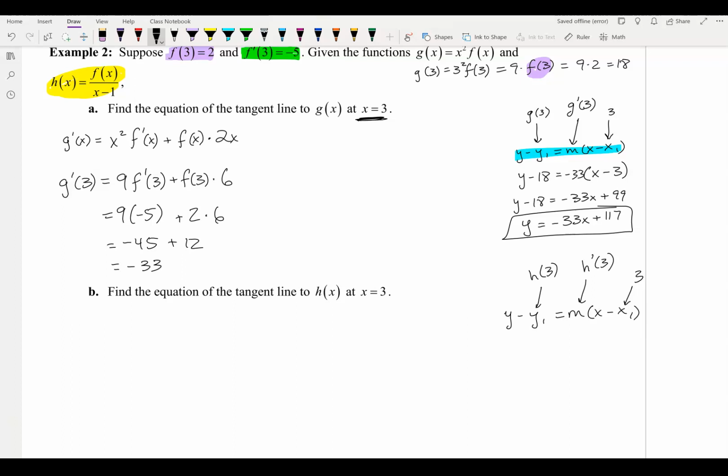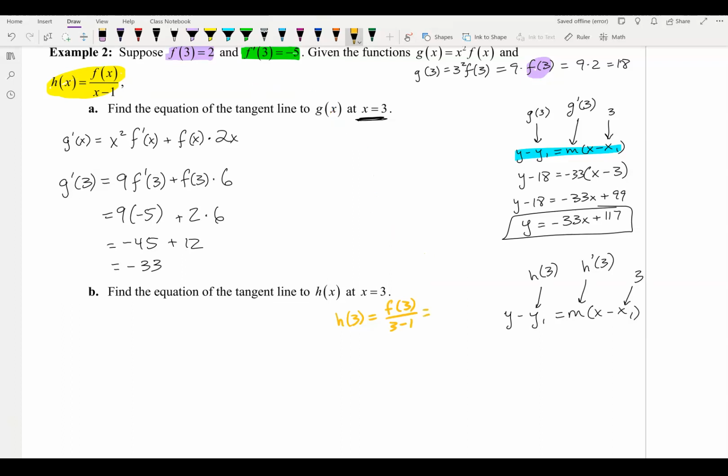So I need to find h of 3. So h of 3 is going to be what? H of 3 is going to be f of 3 over 3 minus 1. That's from way up there.